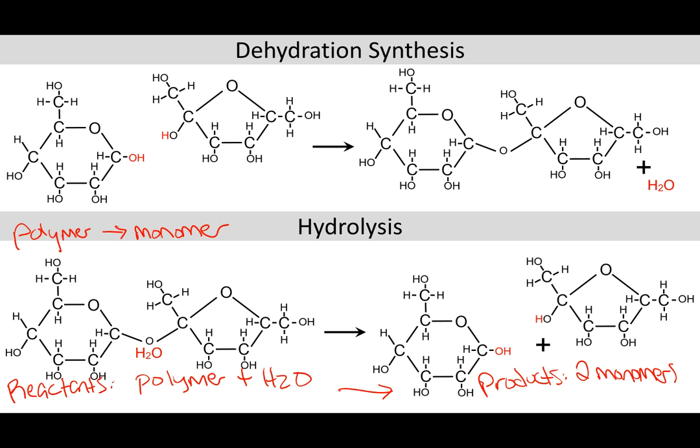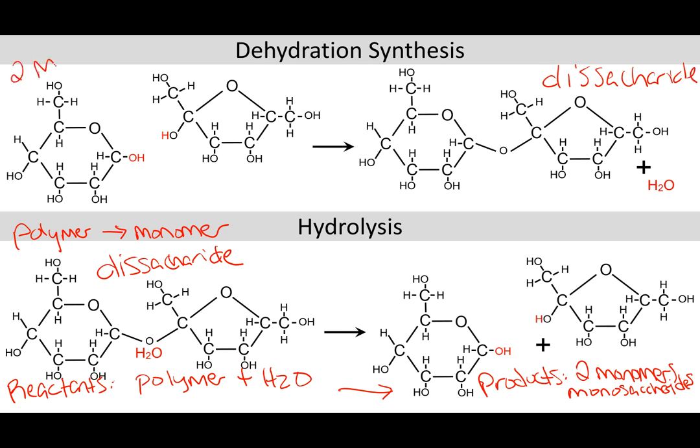So for both, we have monosaccharides. It's another word. Monosaccharides, 2 monosaccharides. Right? And this is a disaccharide. Over here, we have a disaccharide. Over here, we have 2 monosaccharides.